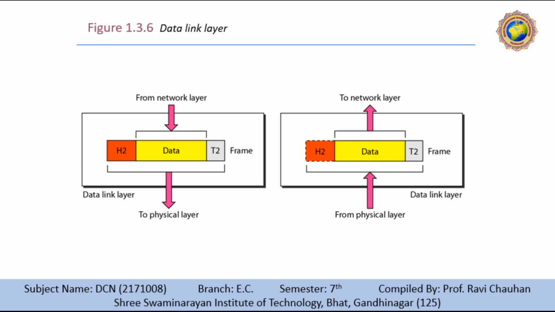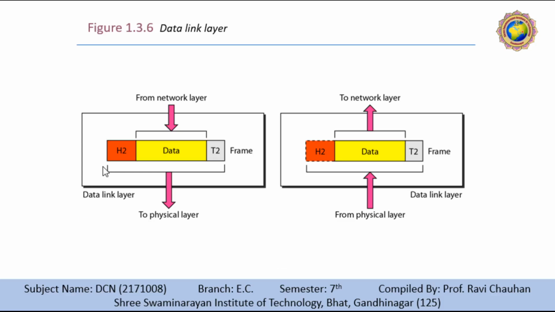This figure shows the relationship of the data link layer to the network layer and the physical layer. Data comes from the network layer, our data link layer converts it into frames and then gives it to the physical layer. At the receiving side, data is collected from the physical layer, the frame is analyzed by the data link layer, and the data is given to the network layer.